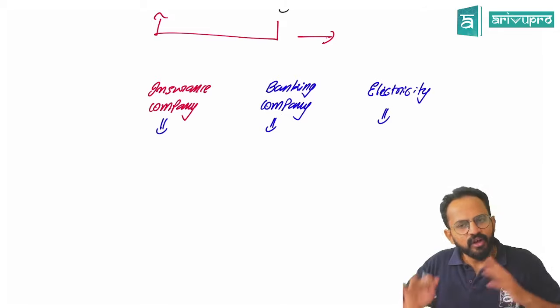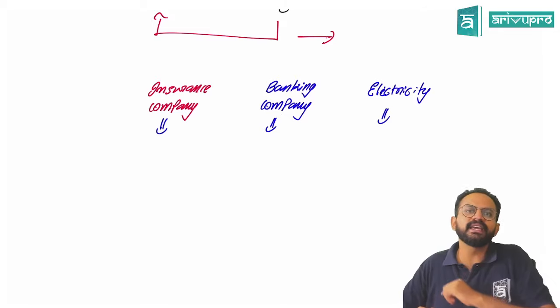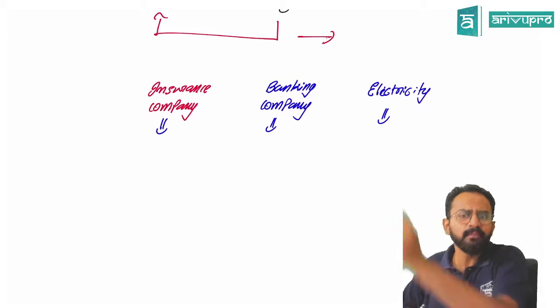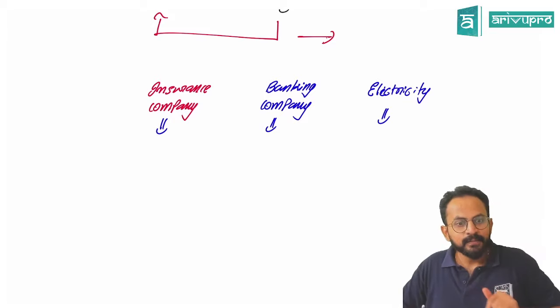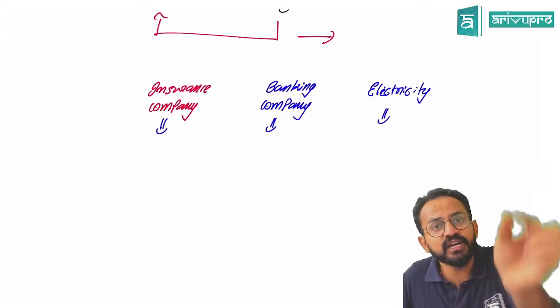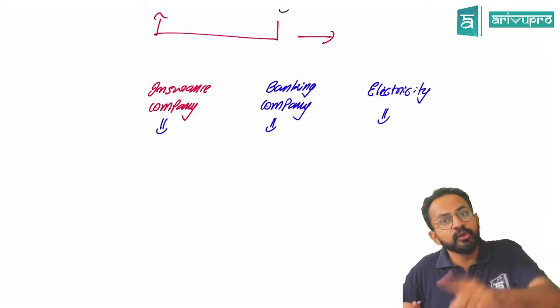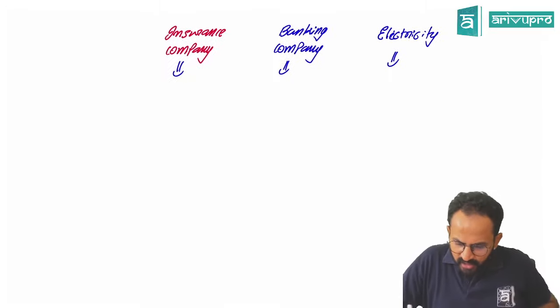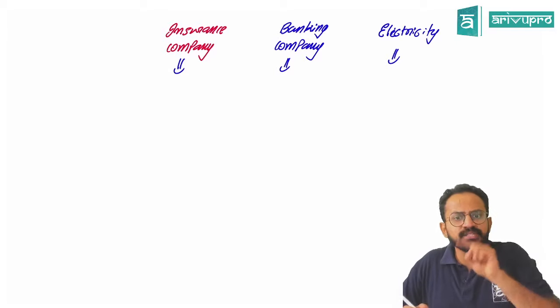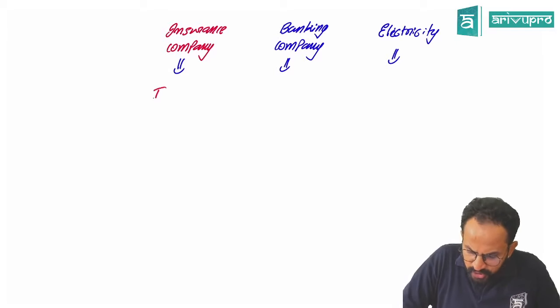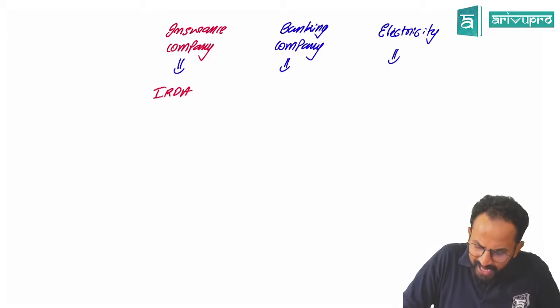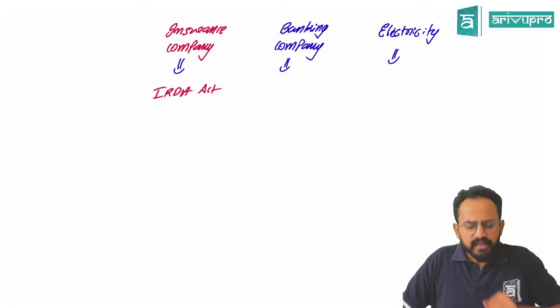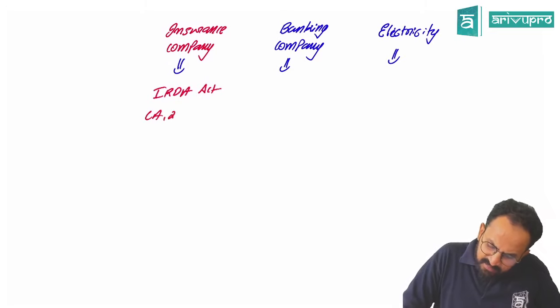So the law says even for them, Companies Act is applicable. But if your specific law tells you to do something, you do that. Assume on the same subject matter, the Insurance Development Authority Act tells something and Companies Act tells something else.